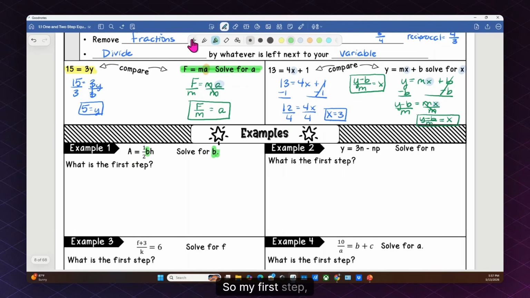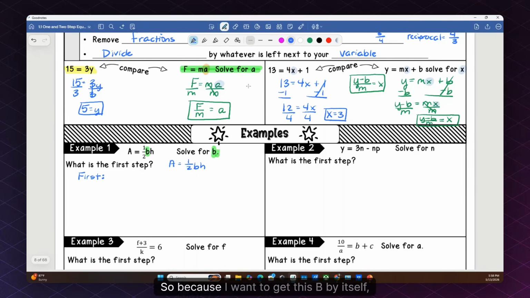Okay, so my first step, I'm just going to go ahead and rewrite this. So first, let's see, we got A equals 1/2 BH.